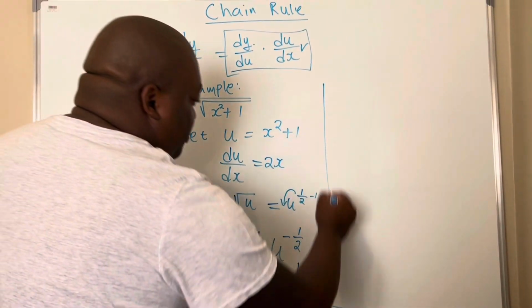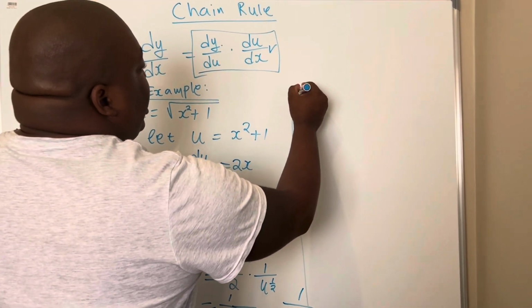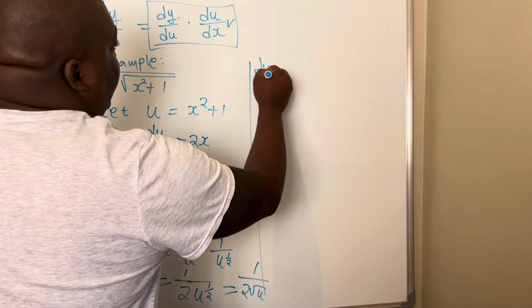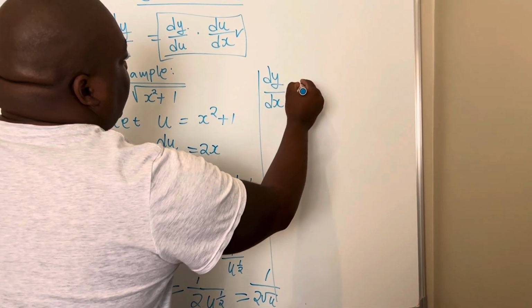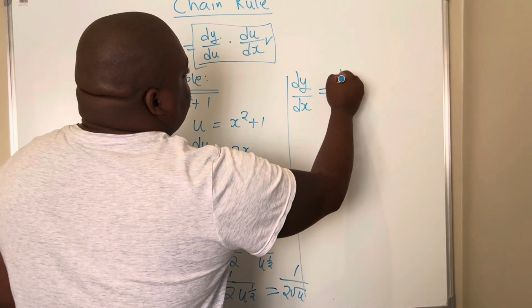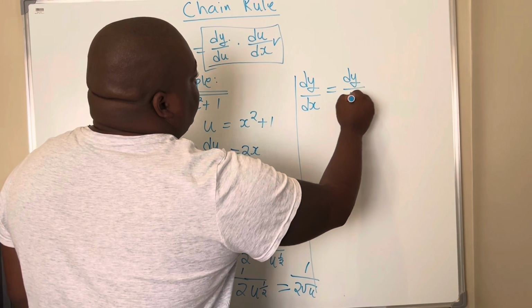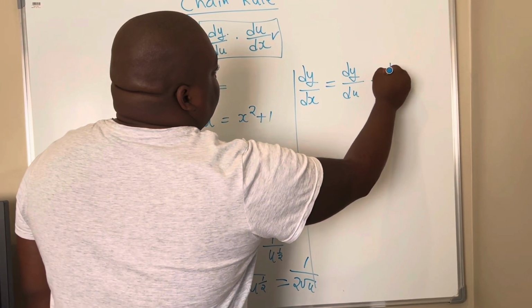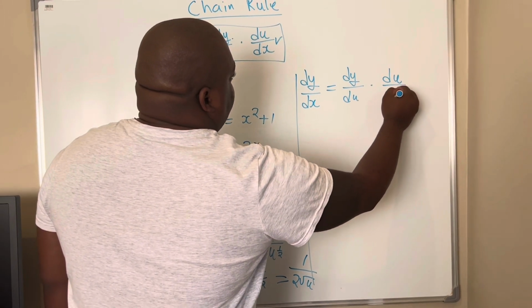Now when we apply the chain rule, it says dy dx is equal to dy du times du dx.